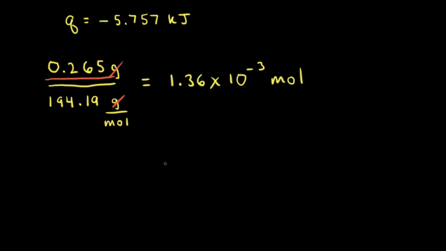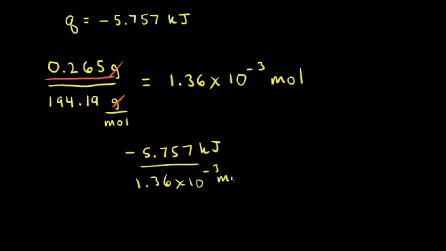Now all we have to do is divide our heat, which is negative 5.757 kilojoules, by our moles of 1.36 times 10 to the negative third moles, to give us a final value of negative 4.23 times 10 to the third kilojoules per mole, with the negative sign meaning heat is given off.